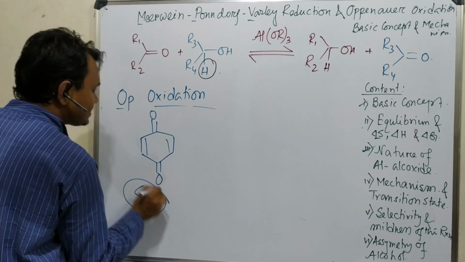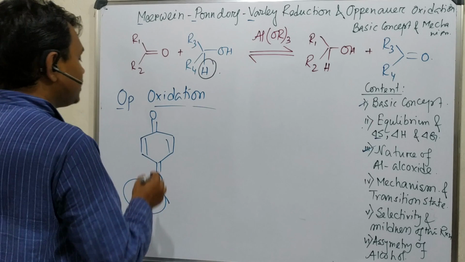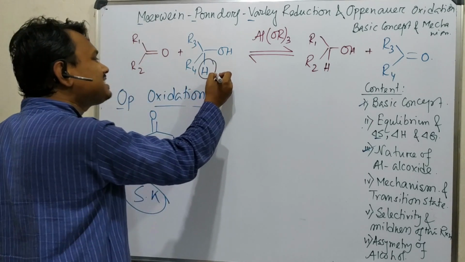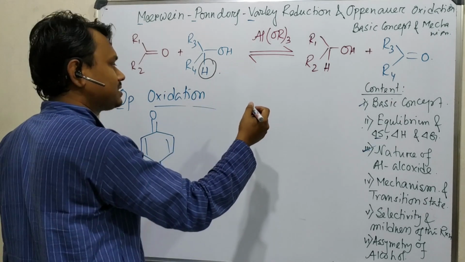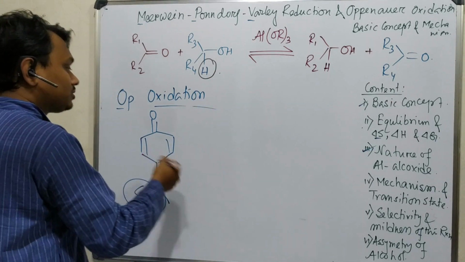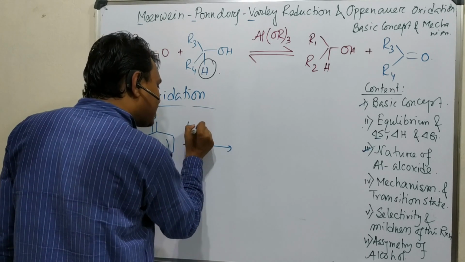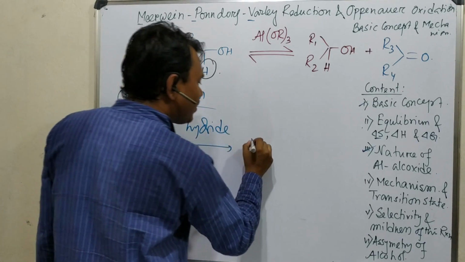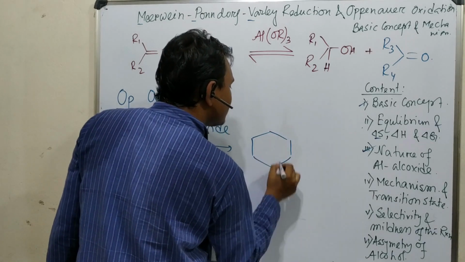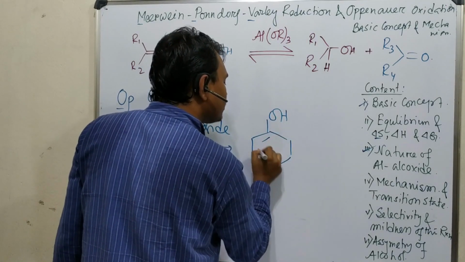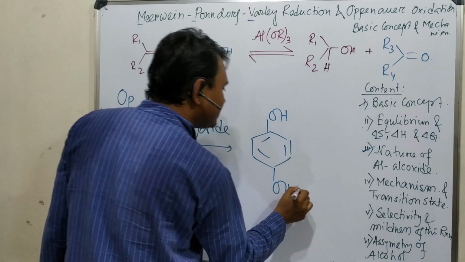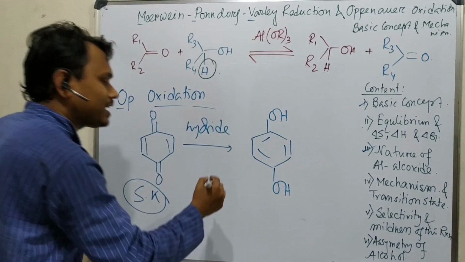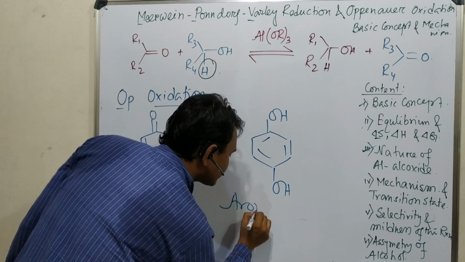Let's consider SK. What happens is that the alcohol gives hydride and gets oxidized. That hydride is taken by this, and ultimately what happens? It forms para-benzoquinone. So with para-benzoquinone, the driving force for this forward reaction is aromaticity.